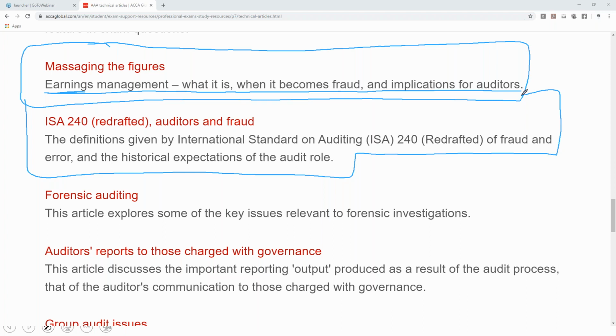Have you ever read these 2 articles on fraud? Have you ever prepared that much for fraud? Massaging the figures, and ISA 240 redrafted, auditor and fraud. You need to read these 2 articles. So is there support? Yes, there is support.